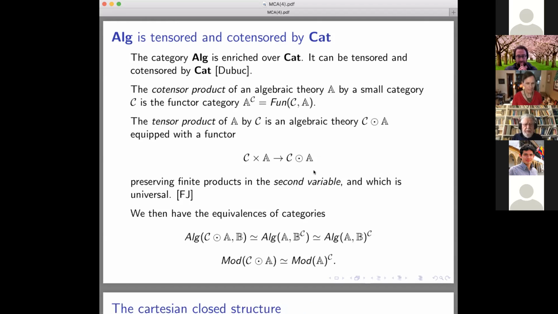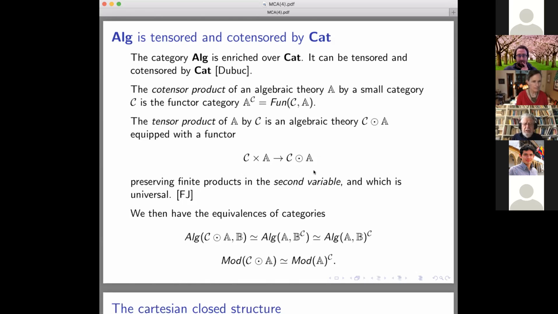And now you have these equivalences of categories, relating the tensor and the cotensor. These are classical identities that connect the tensor and the cotensor. And the third one is important because it tells you what the models of C tensor A are.